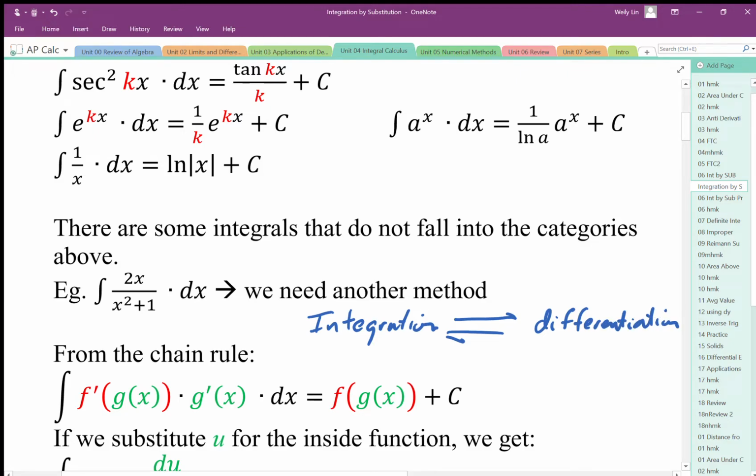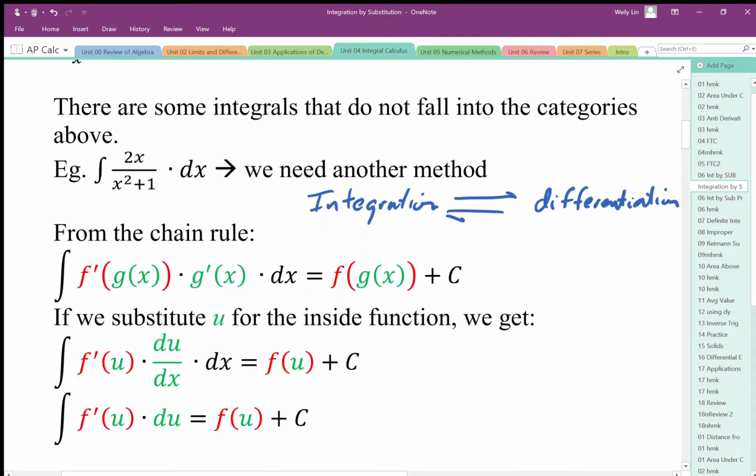So if we look at the result of differentiating using the chain rule, we're going to end up with an expression that looks like this here. So the outside derivative times the inside derivative, which means that if we integrate some expression that looks like this, we can integrate it into the original embedded function, and that would be our integral.